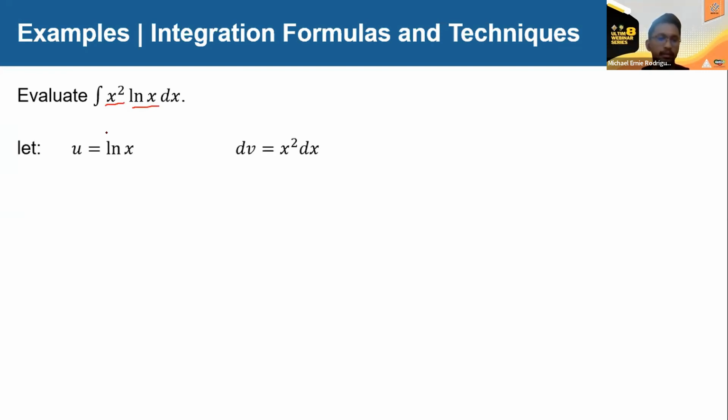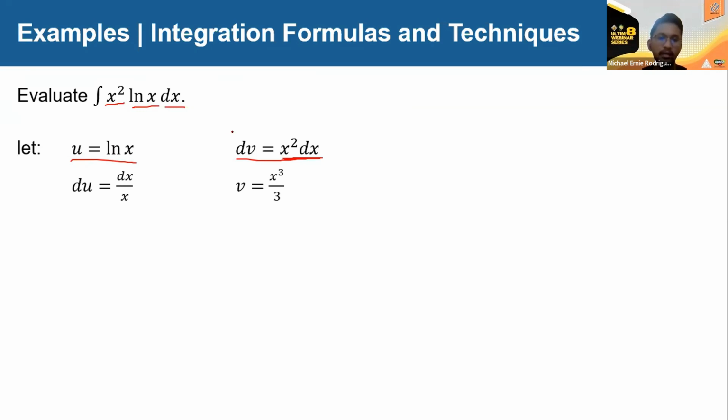So, in here, nilet u ko yung ln of x. And then, yung dv yung natira, which is x squared dx. Okay? Yan yung dv. And then, we get du. Okay? This is dx over x, while the integral of x squared dx, okay?